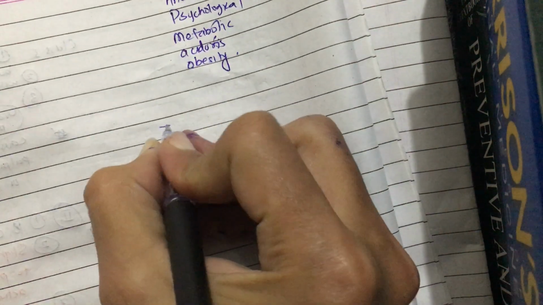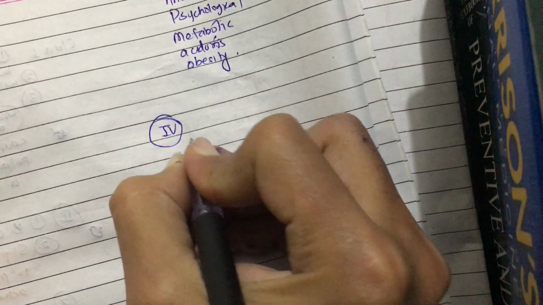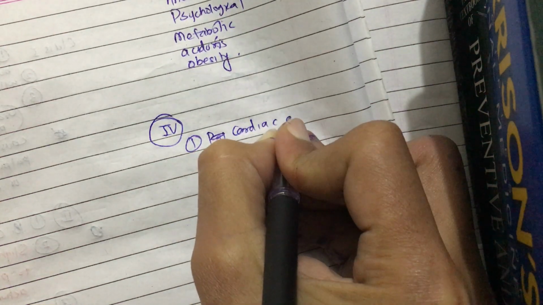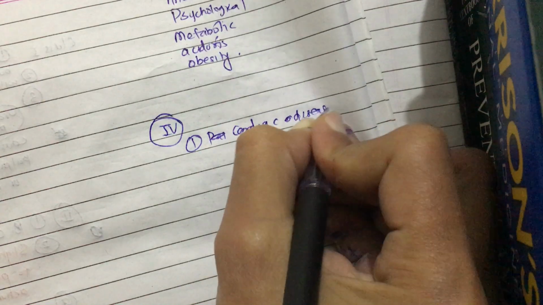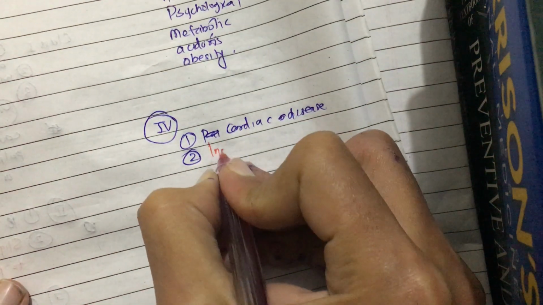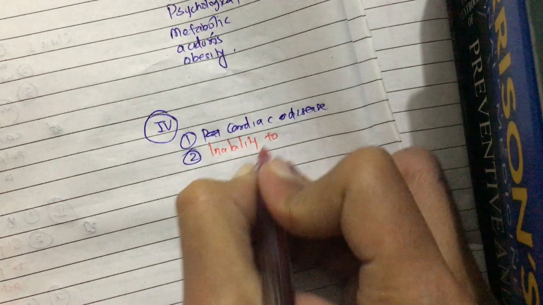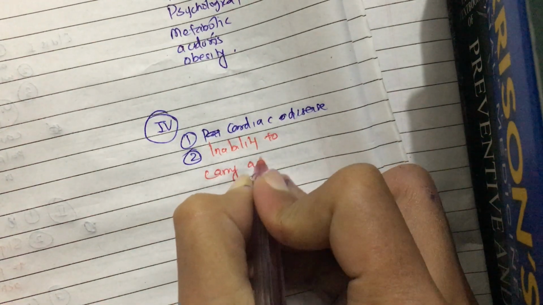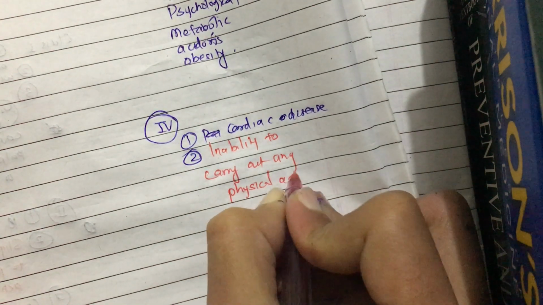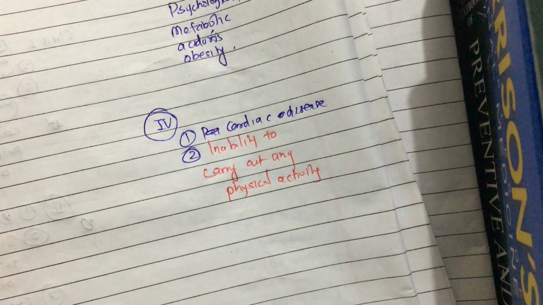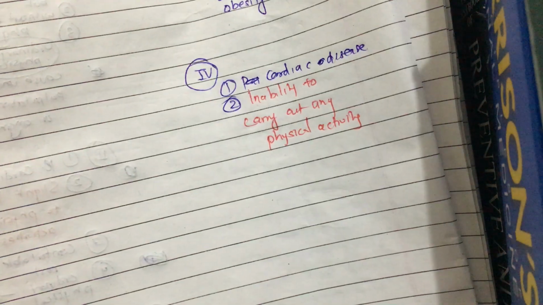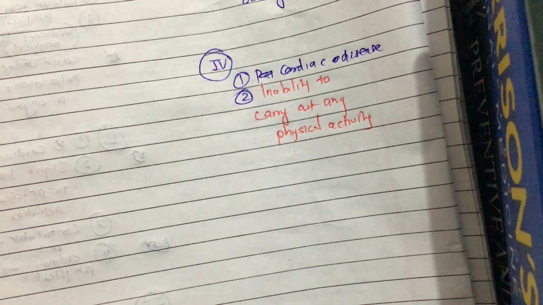NYHA classification 4. NYHA classification 4 means this patient also has the cardiac disease, okay, but inability to carry out any physical activity. Second point is inability to carry out any physical activity. Okay, that means in NYHA classification 3, there was marked limitation to the physical activity, but in NYHA classification 4, the patient is unable to carry out any physical activity.